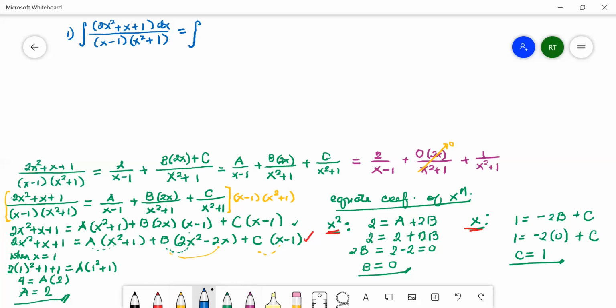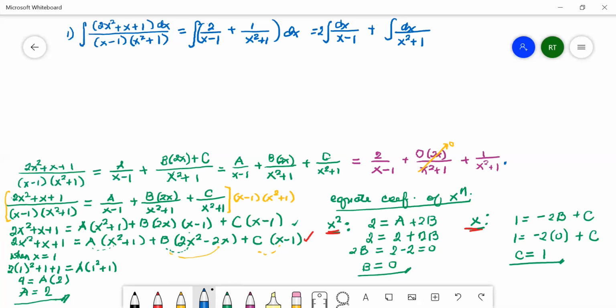We have the integral of 2 over x minus 1 plus 1 over x squared plus 1 dx, which can be expressed as a sum of integrals: the integral of 2 times dx over x minus 1 plus the integral of dx over x squared plus 1.